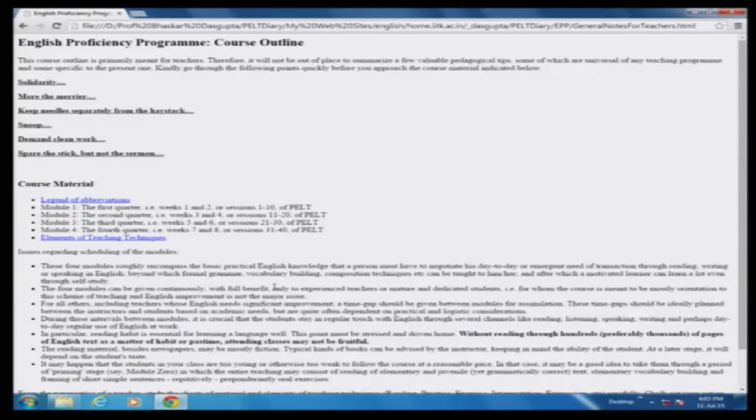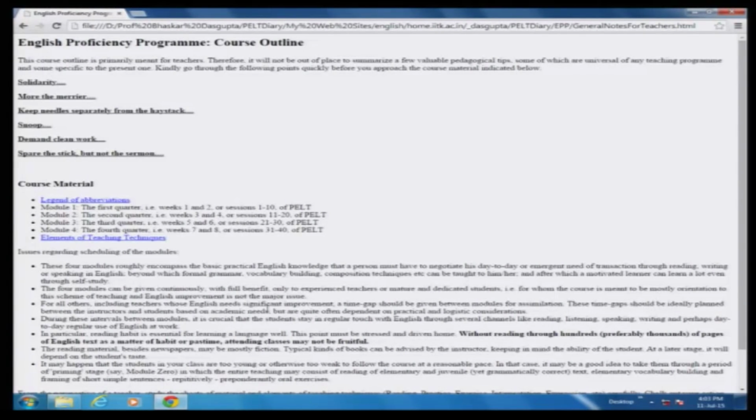This is the reason why at this point I am talking about reading literature, because we are completing quarter 1, and if you need to give a gap to the course among your students, then this is one good break point. At this point you can take a break and then advise your students to read a lot of literature in between, so that when they come back for quarter 2, they are well prepared.